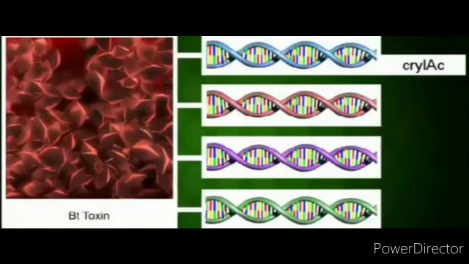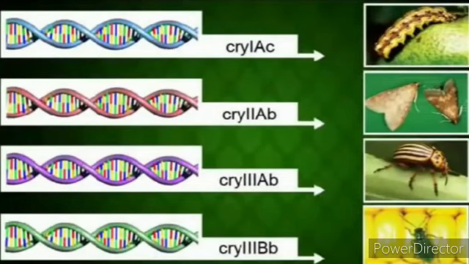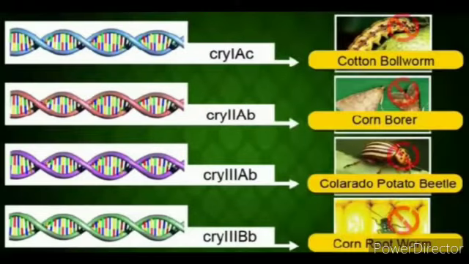Specific Bt toxin genes were isolated from Bacillus thuringiensis and incorporated into several crop plants such as cotton. The choice of genes depends upon the crop and the targeted pest, as most Bt toxins are insect group specific. The toxin is coded by a gene named Cry.